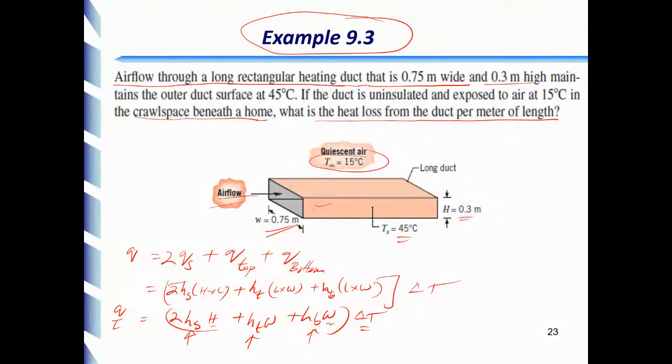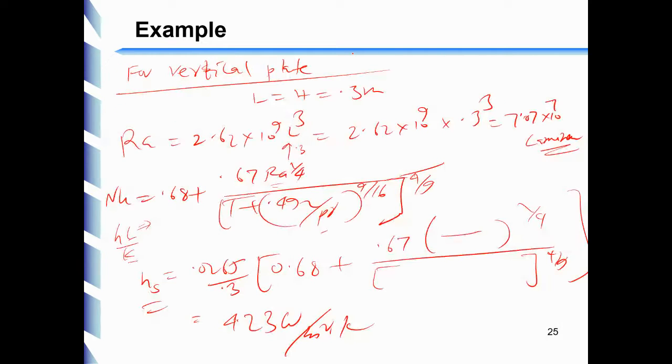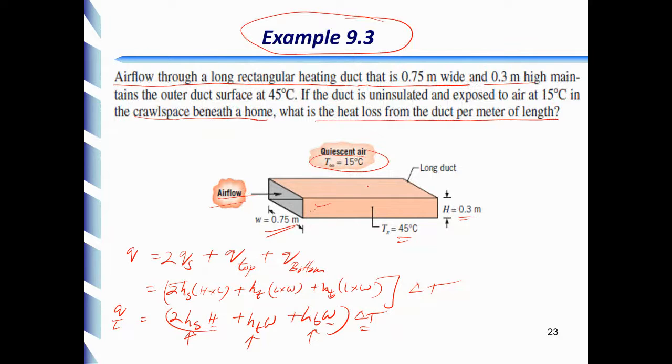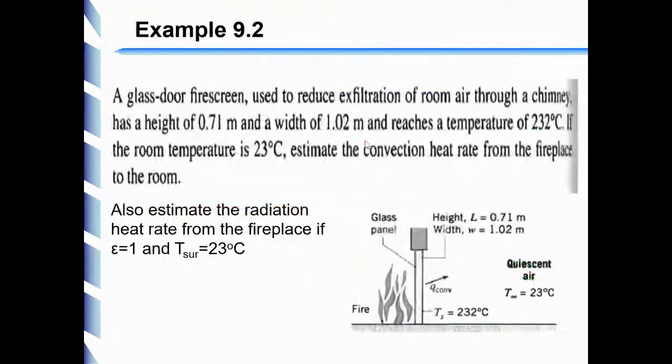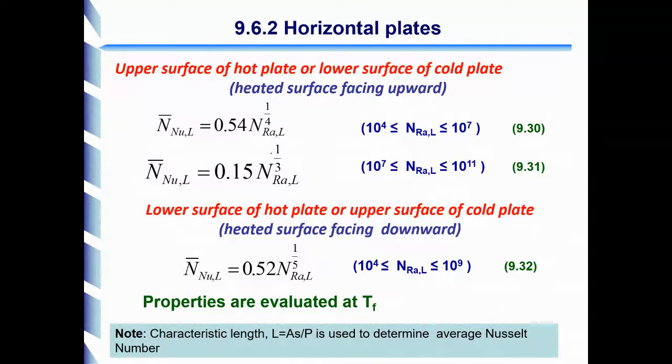Now h top, h bottom. When you consider the top surface, the hot surface is facing upward. For horizontal plate, facing upward, facing downward, the heated surface facing upward: this is for laminar flow, this is for not laminar, within this range.